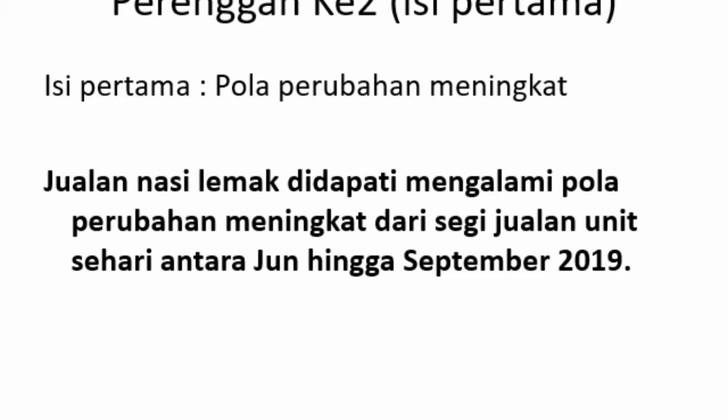Jualan nasi lemak didapati mengalami pola perubahan meningkat dari segi jualan unit sehari antara Jun sehingga September 2019. So nasi lemak is the perkara, pola perubahan meningkat is the pola, and Jun hingga September 2019 is the tempoh. All three things have to be there or else you get 0.